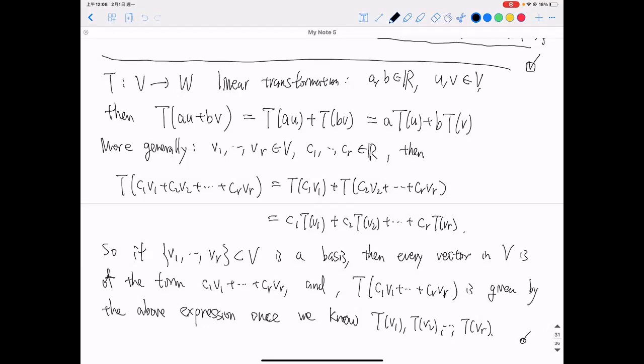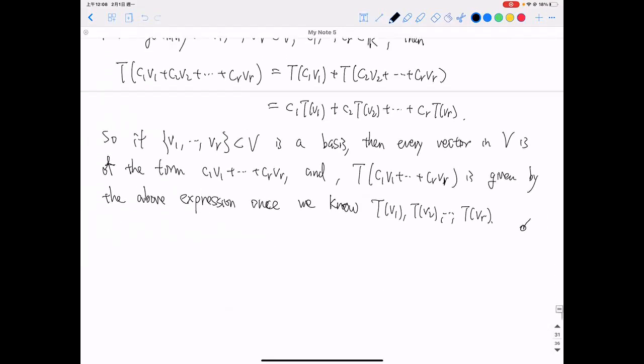Okay, let's look at a simple example to begin with, and then formulate something more general.